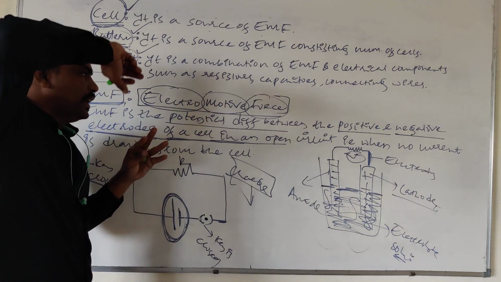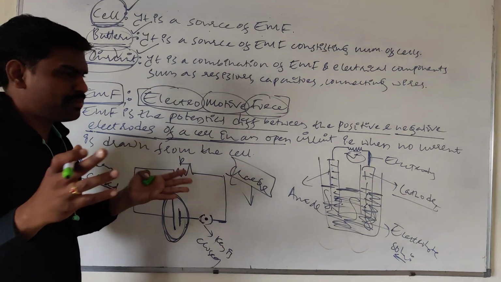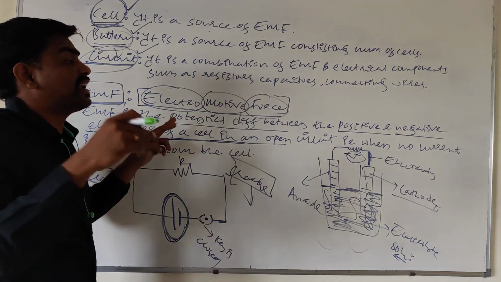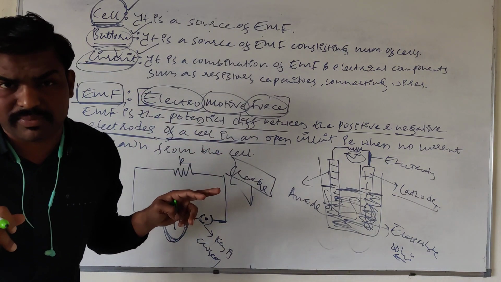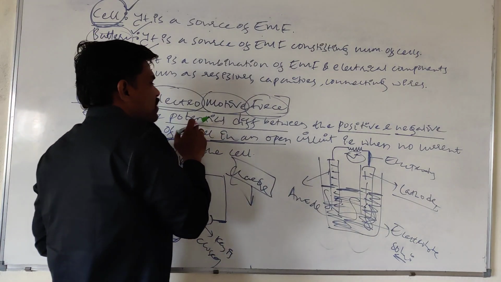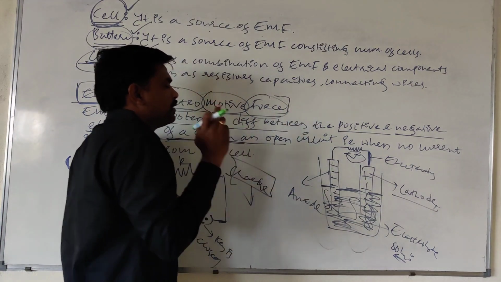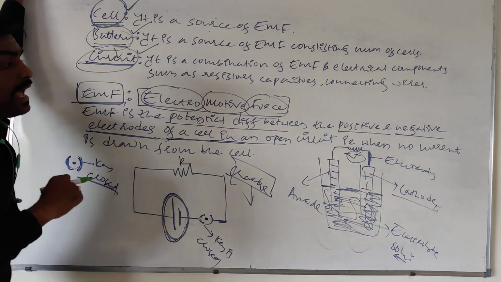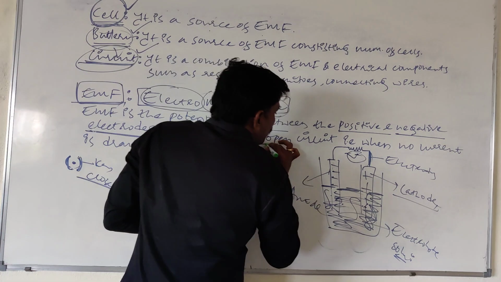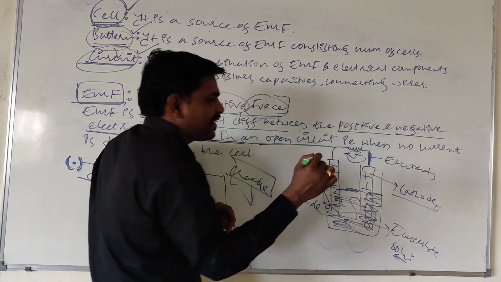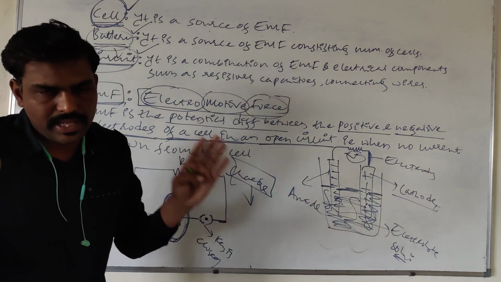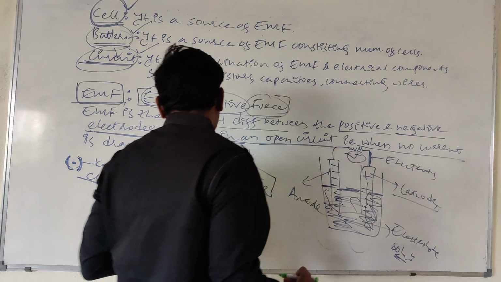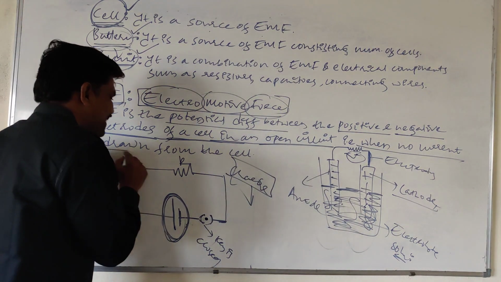So these are some definitions. EMF is the maximum potential difference between the positive and negative electrodes of a cell in an open circuit. In an open circuit there is no current, that is, when no current is drawn from the cell.